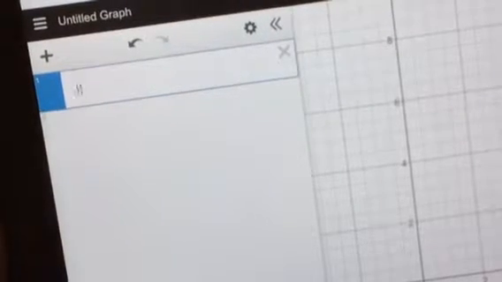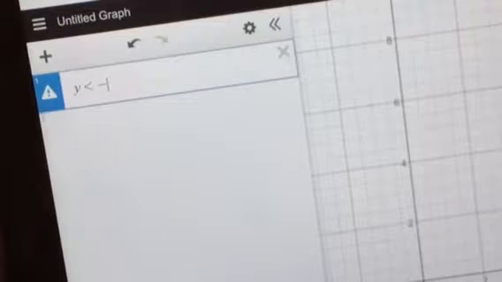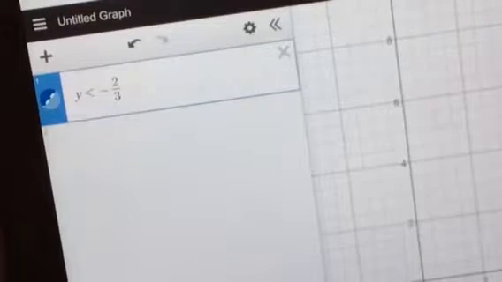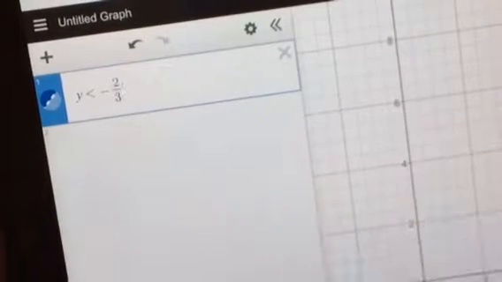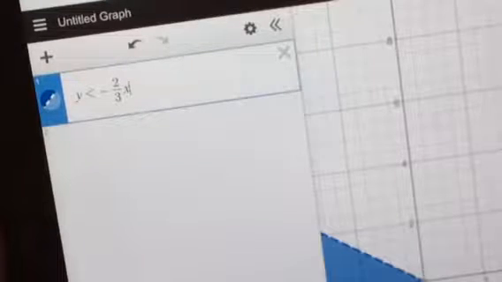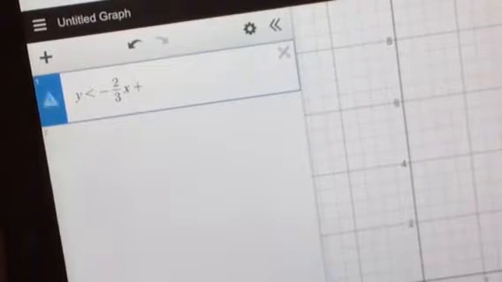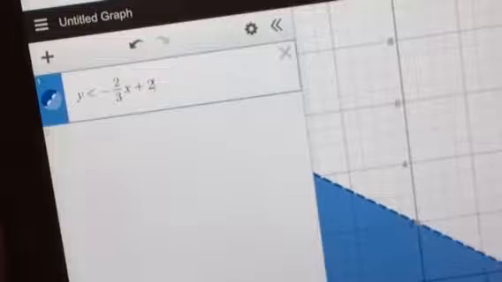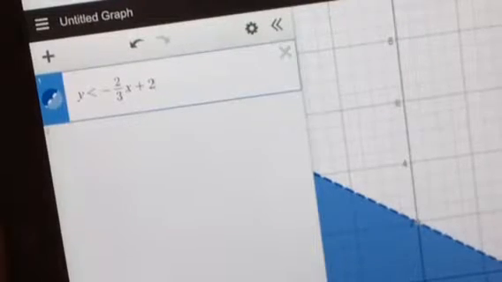Okay. Y, sorry, not double Y. Y is less than negative 2 divided by 3 X plus 2. Okay. That's shaded down, so it's not that one.